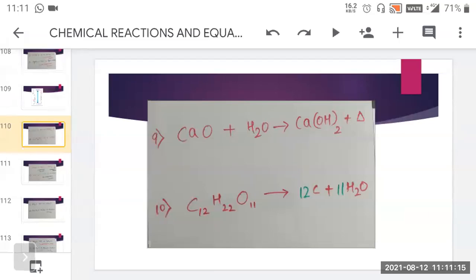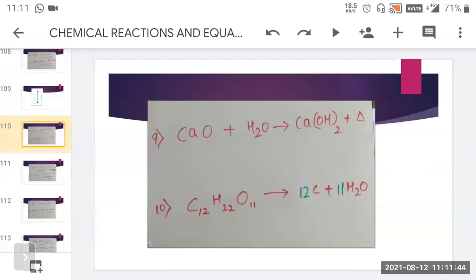We are getting that particular compound after the combination of the CaO and H2O. But the heat is released. That shows that whatever solution has been formed is heated. Whenever heat is released, we say that it is an exothermic reaction. Exo means when heat is released, heat is given out. The same way happens here on the product side, heat is given out.